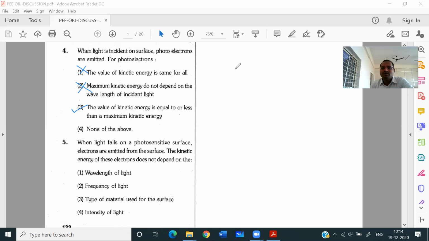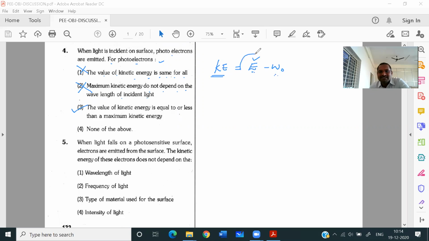See, according to Einstein photoelectric equation, the kinetic energy of photoelectrons emitted will be equal to incident energy minus work function. First statement: when light is incident on a surface, the photoelectrons are emitted; for photoelectrons, value of kinetic energy is the same for all. We can't say that it is the same for all because it depends upon energy of incident light and work function. Next, maximum kinetic energy does not depend upon wavelength of light.